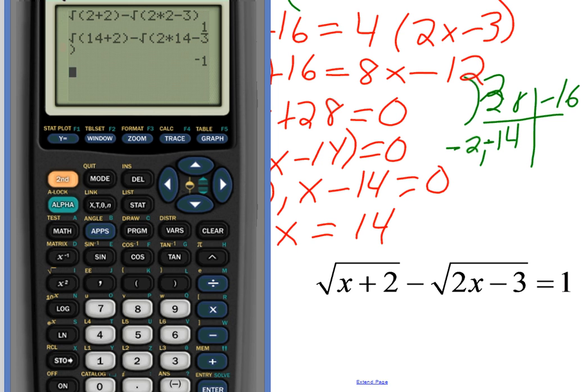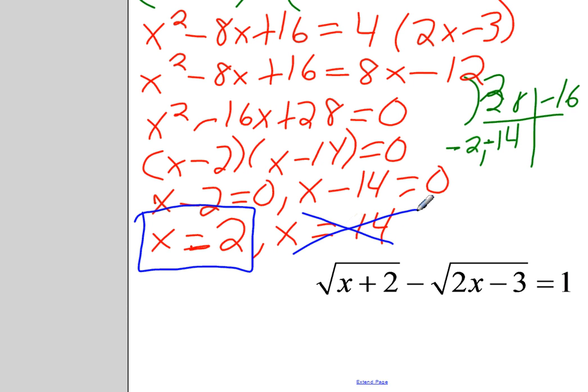That one equals a negative 1. Negative 1 on the left, positive 1 on the right. 14 is not a solution. So this equation only has one solution. All right, that problem took me 9 minutes to complete, so that's it for this video.